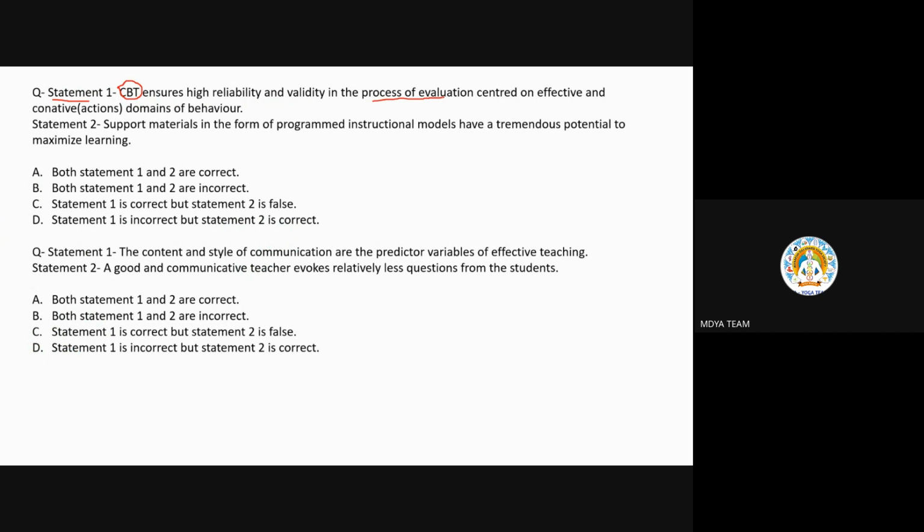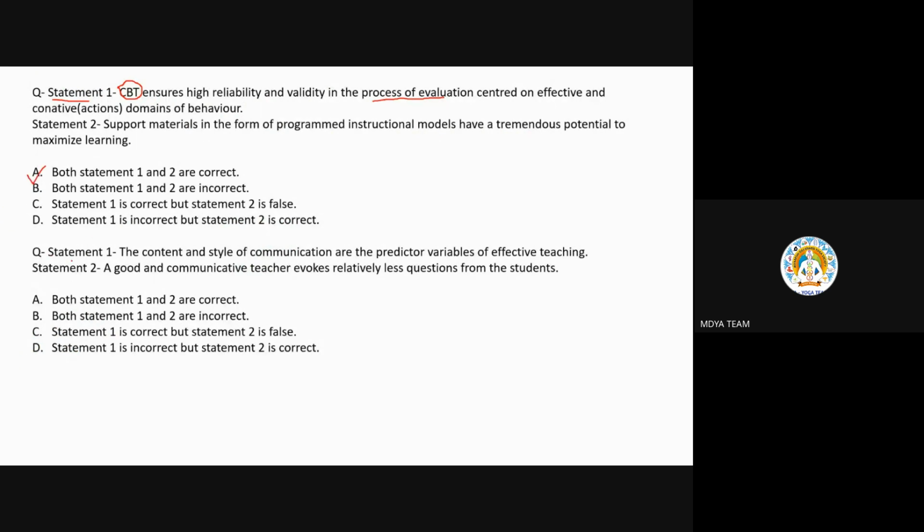The reason is support materials in the form of programmed instructions models have a tremendous potential to maximize learning. These are the statements. Now answer the question. Option A, both are correct, ma'am. Okay, the correct option is A. Both the statement 1 and 2 are correct.